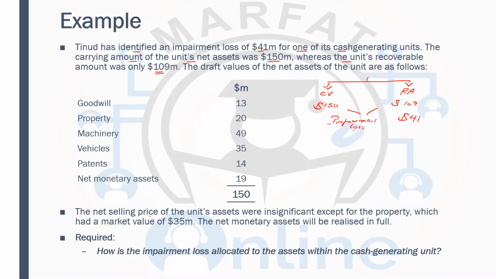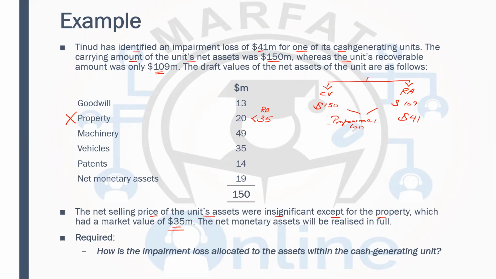The net selling price of the unit's assets was insignificant except for the property, which had a market value of 35 million. So you see, the property's carrying value is 20 million and the recoverable amount is 35 million. That means the recoverable amount is more than the carrying value, so there's no impairment of the property and no impairment should be allocated to it.